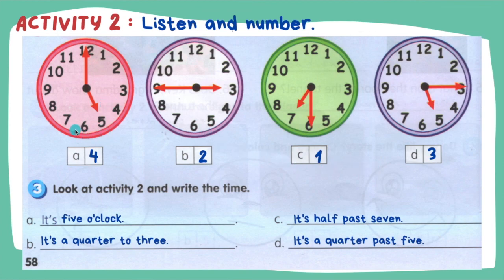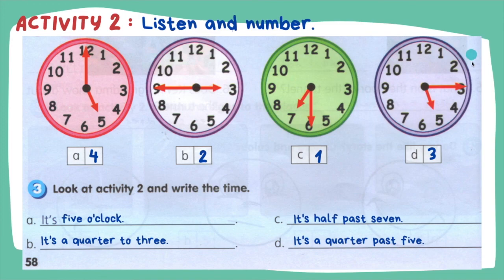From here to here, when the big arm is pointing from here to here, we use the word to. For example, look at B. It's 2:45. Lagi 15 minit pukul 3.